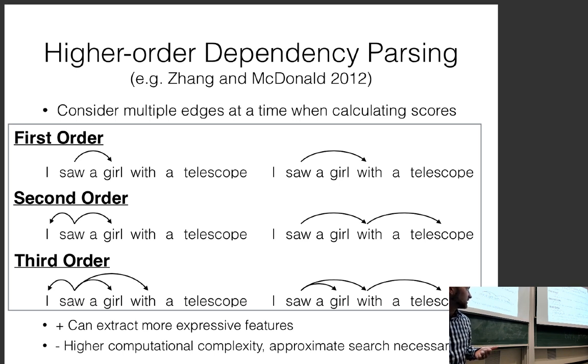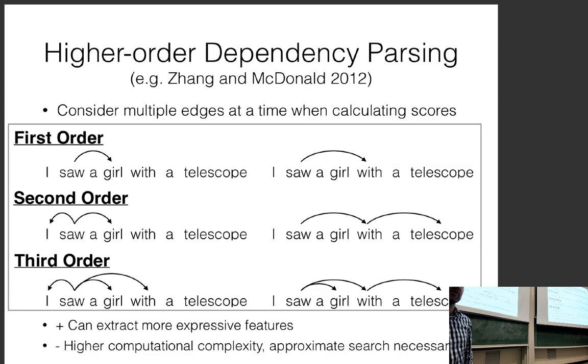You need to calculate the score of all words being heads of all other words. If you get to second order, now it's n cubed, because you need to consider all pairs of edges. And that's not even considering the algorithm that you use to search for things. So the algorithm that you use to search for things is going to be even more expensive.